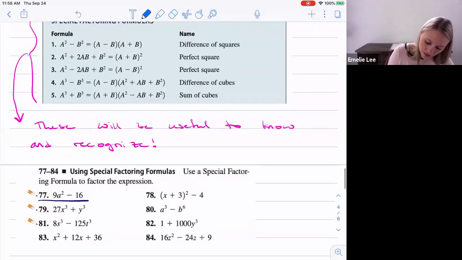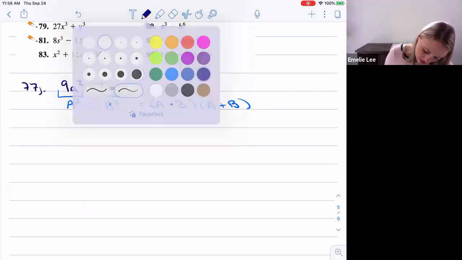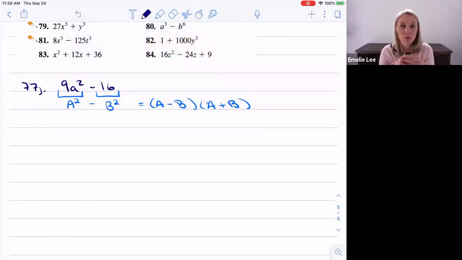I just need to figure out what my a and my b are. So if a squared is 9 lowercase a squared, then I can rewrite 9 as 3 squared.